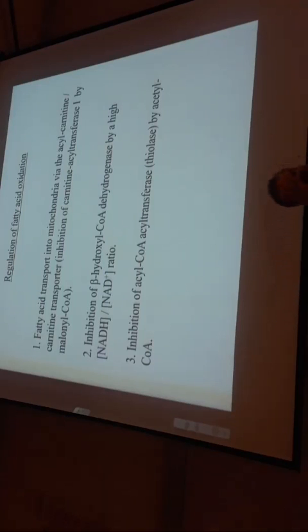Fatty acid biosynthesis occurs in the cytosol, and in the mitochondrial matrix we have beta oxidation happen. Okay, so it usually doesn't make sense to have both these opposing pathways occur at the same time.